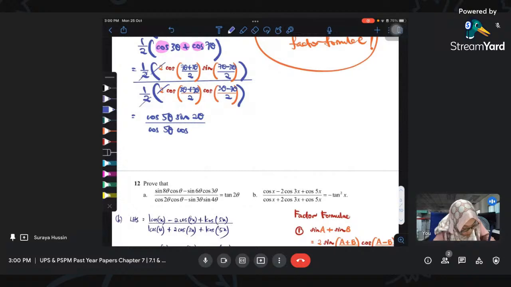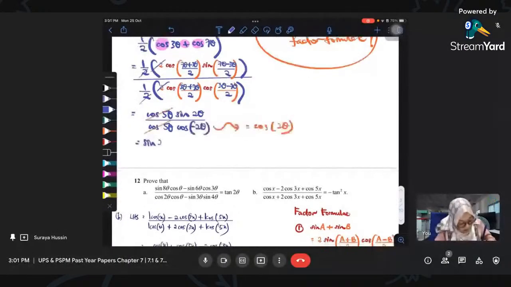Cut lagi. Sine 2 theta divided by cos 2 theta, which is tan 2 theta.